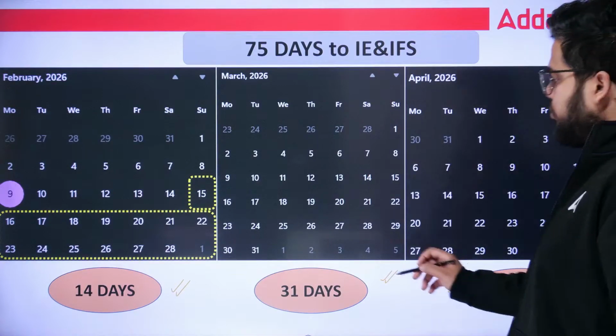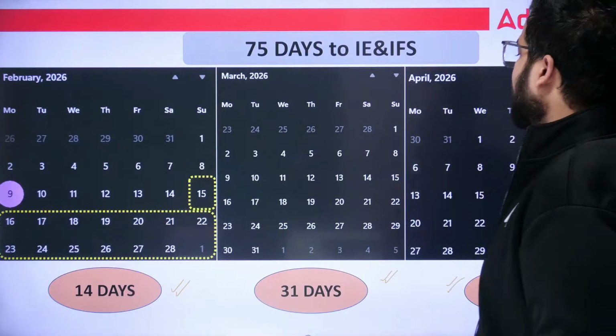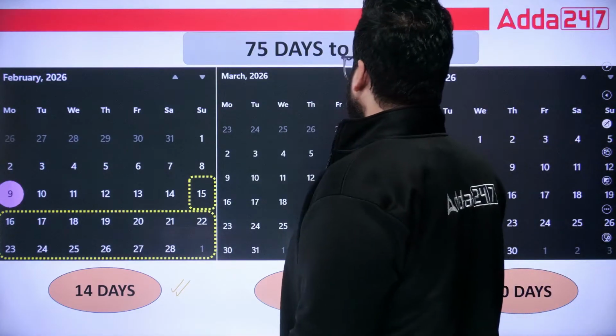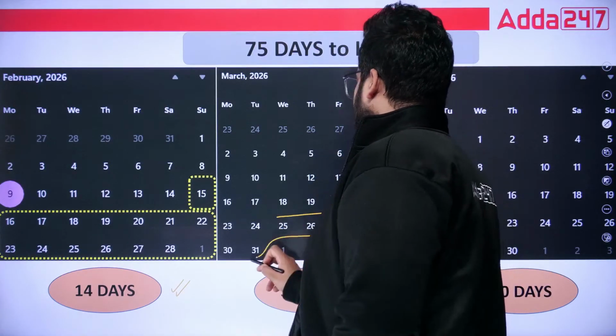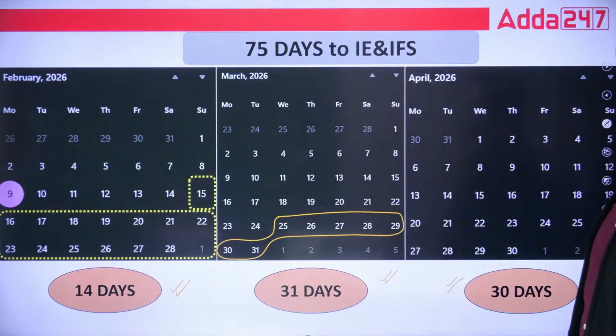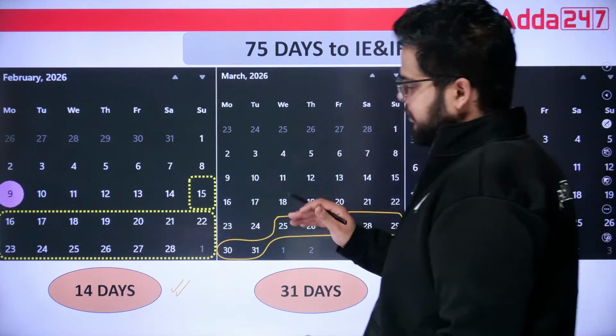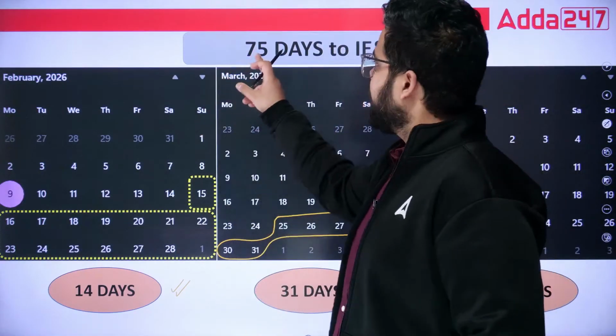In March, although I have included 31 days, all of you know that the last few days of March will be quite hectic. Reason being, there will be the financial closing, and that will give us much less time as compared to what I have quoted here.